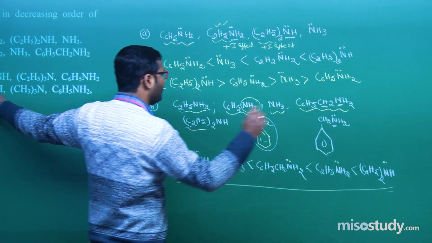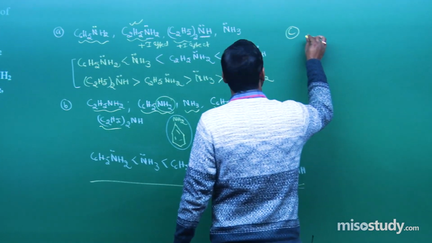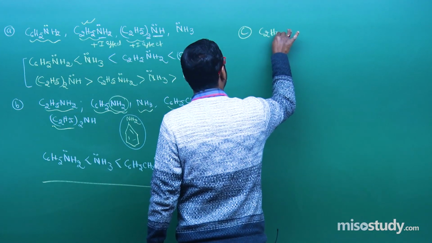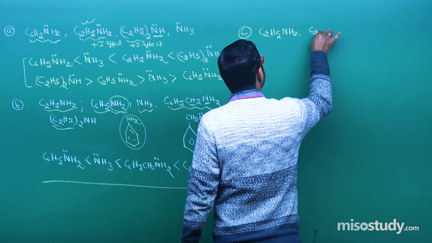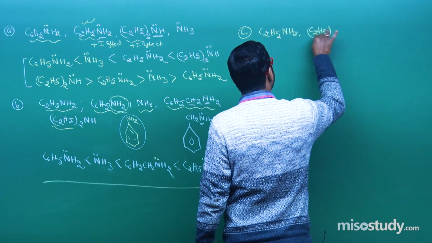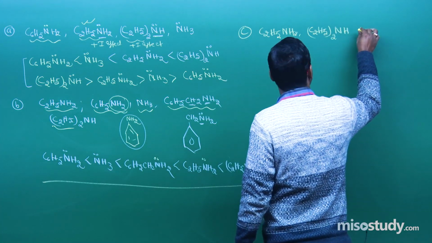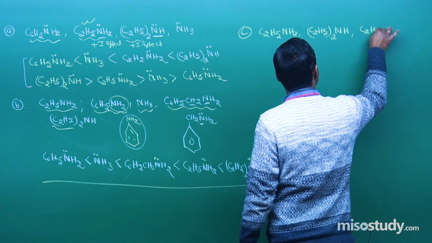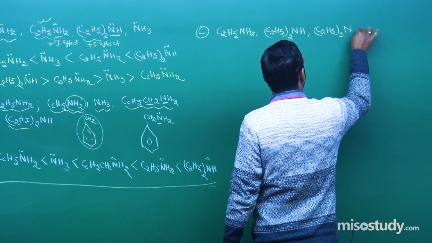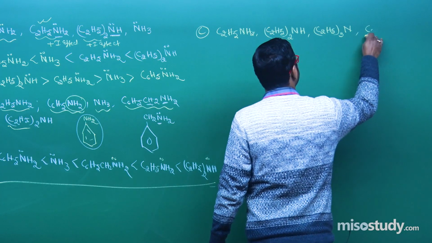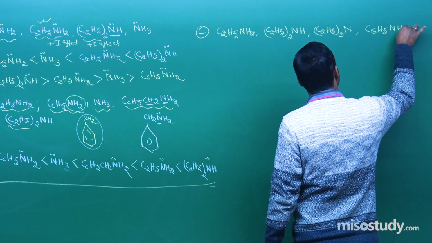Now the C part, I am moving here. Let me note it down once. C2H5NH2, then (C2H5)2NH, then (C2H5)3N, and C6H5NH2.